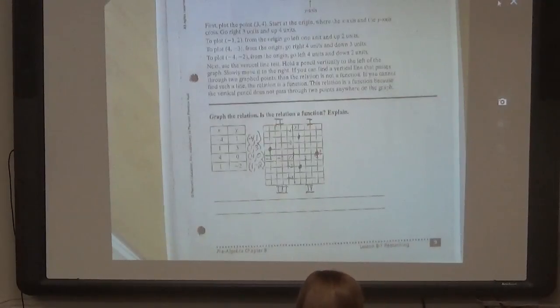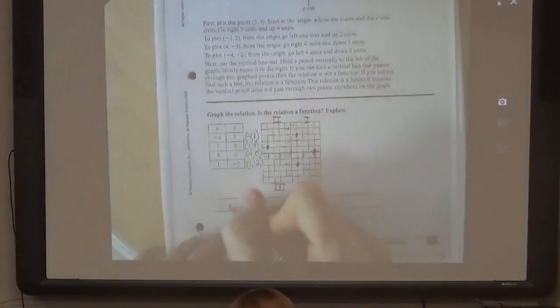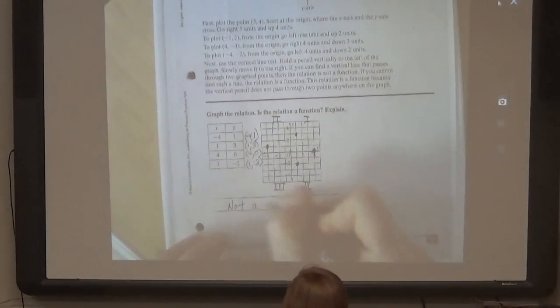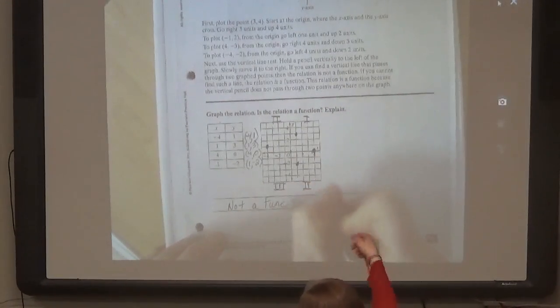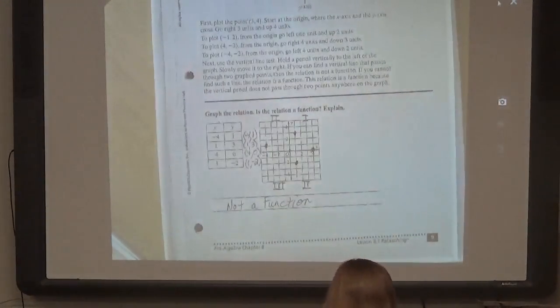Yep. 2 points on one vertical line, on the same vertical line, okay? So this is not a function. Any questions on that?